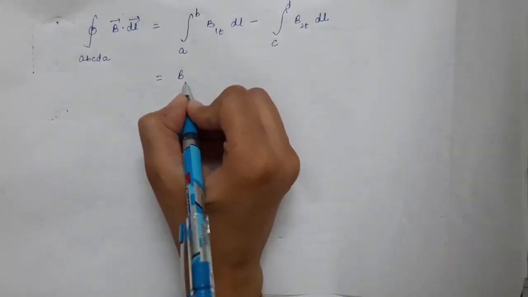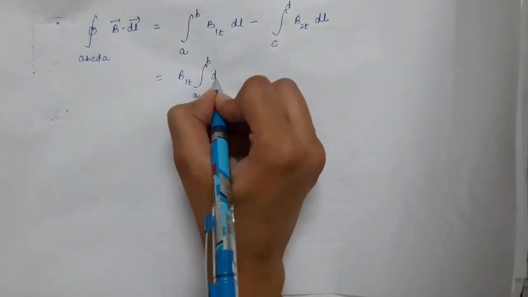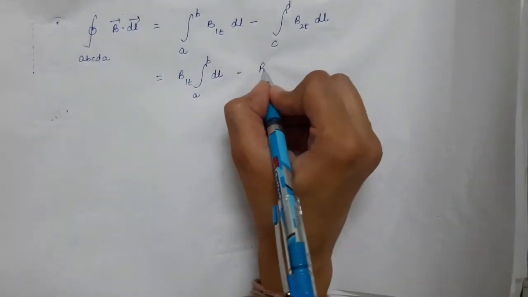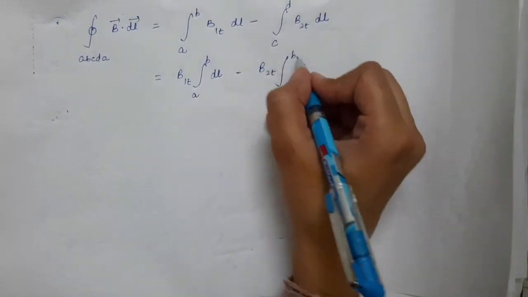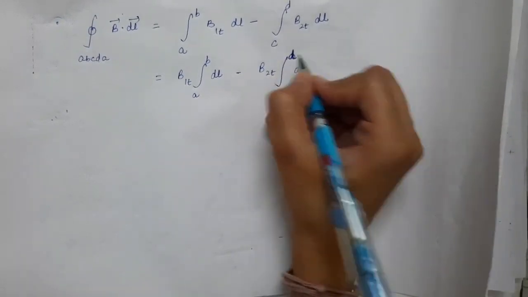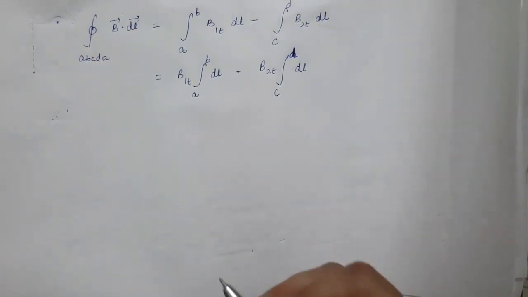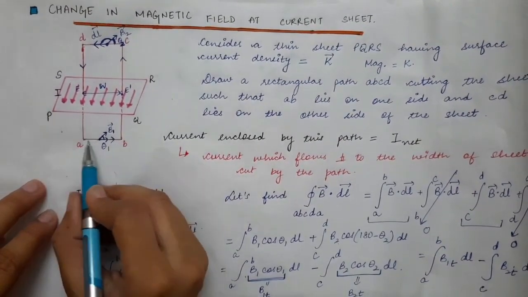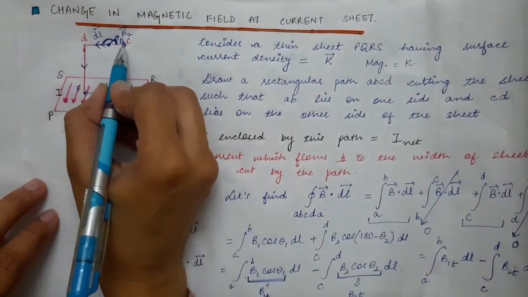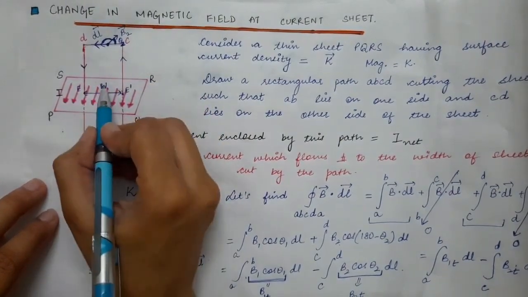So you will get it to be equal to b1t into integration from A to B of dl, minus b2t, then integration of dl from C to D. Now as we have supposed in the diagram, the length AB is equal to W, as well as the length CD is also equal to W. So CD as well as AB, they both are equal to W length.